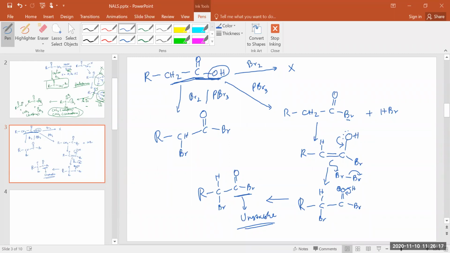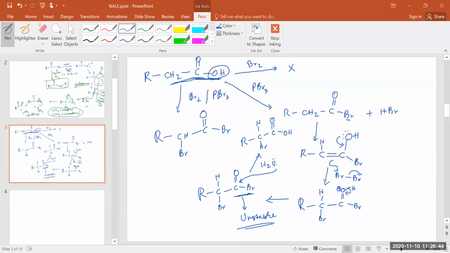Okay, so these bromides are like the chlorides, even more reactive. So they're the most reactive. So if you take water, it will be hydrolyzed, hydrolysis. So you will have Br, and this will be hydrolyzed to OH.